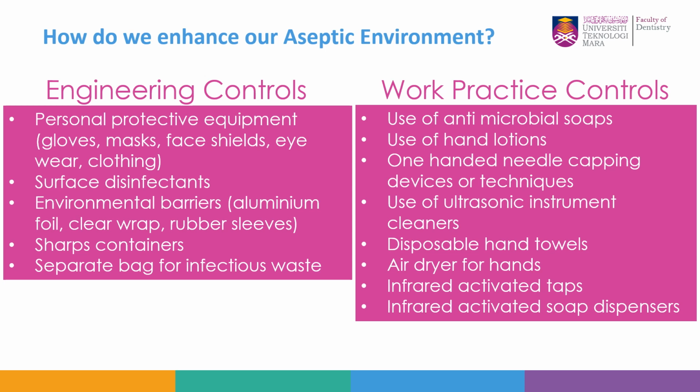The one that we discussed before was the film barrier that we put on our dental unit, right? There is also sharps containers and separate bags for infectious waste. So these are the engineering controls that we could do to enhance the aseptic environment.